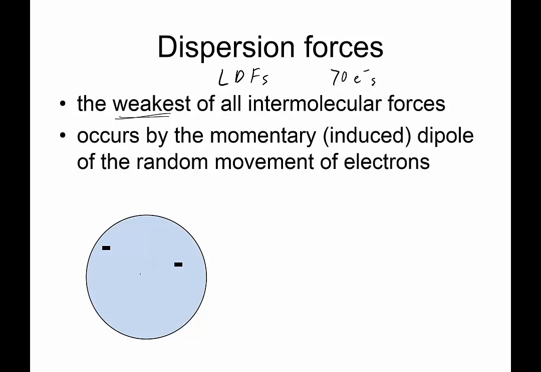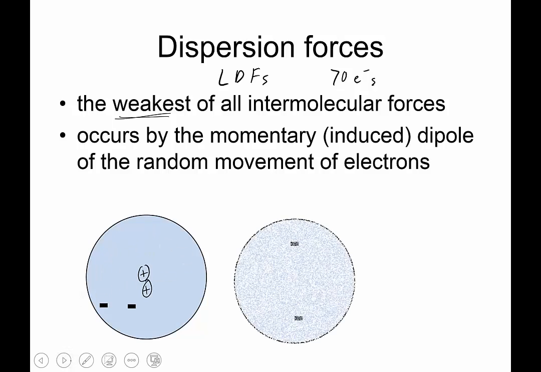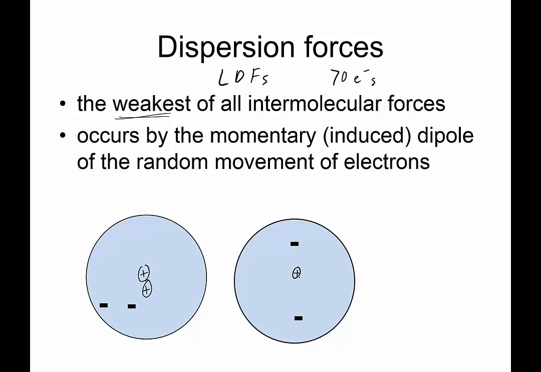Let's say this is helium, because helium has two protons, and we have two electrons, one and two. Let's say we have a sample of helium, so we have more than one, because these electrons are moving around. Let's say we have another one, again two protons and two electrons.